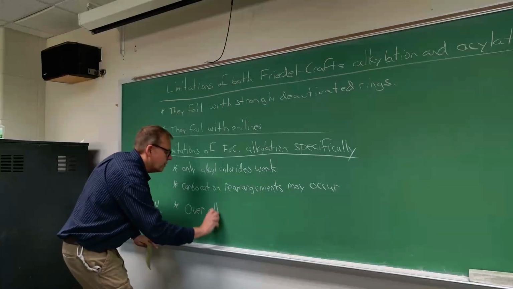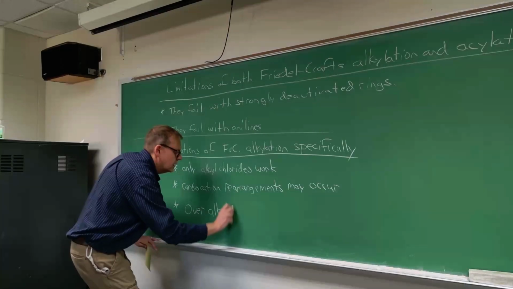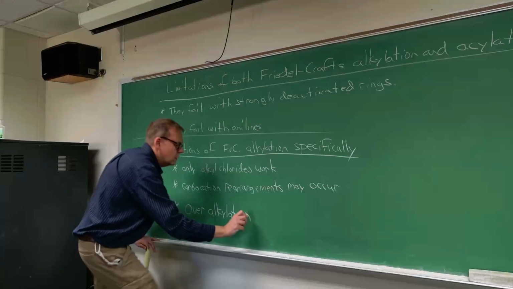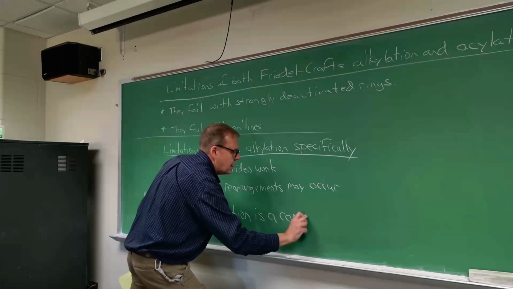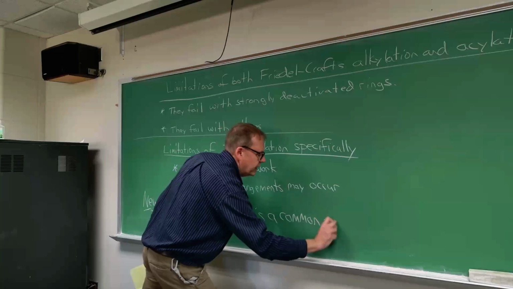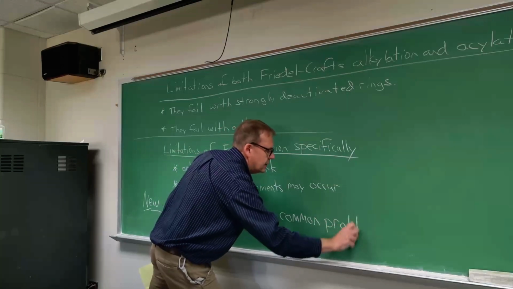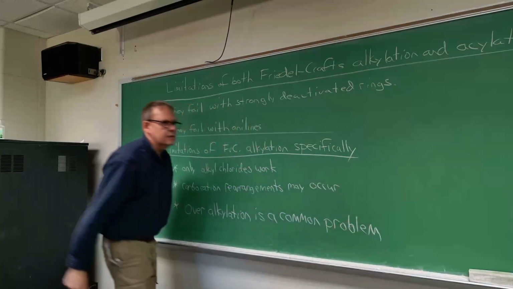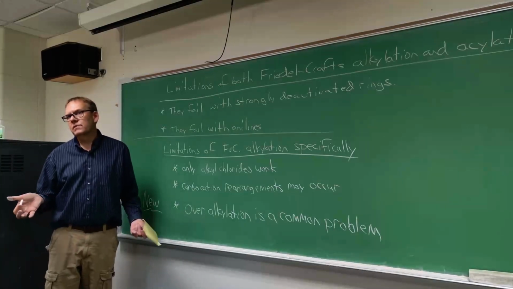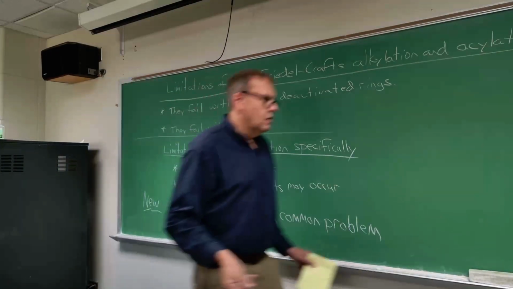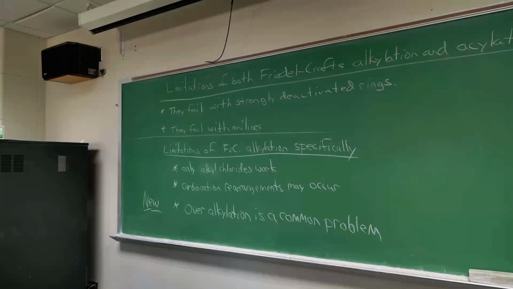And I'll say over-alkylation is a common problem, and I'm going to explain why this happens and just get you sort of oriented to it so you can expect it or plan for it, or just be aware of it at least. And the example that I'm going to use to illustrate, oh yeah, question there.